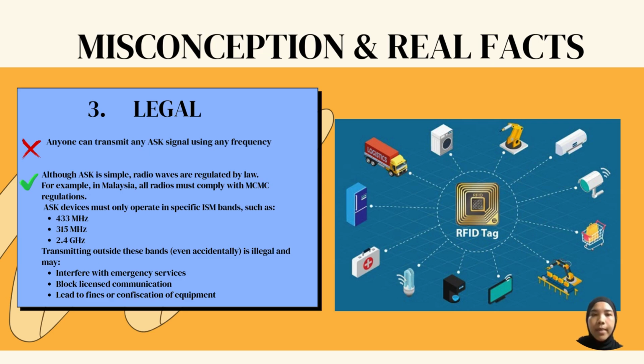Transmitting outside these bands is illegal and may interfere with emergency services, block licensed communication, and lead to fines or confiscation of equipment. So ASK is easy to generate, but the frequencies are controlled by law. You cannot simply transmit on any channel. Only approved ISM bands are allowed.